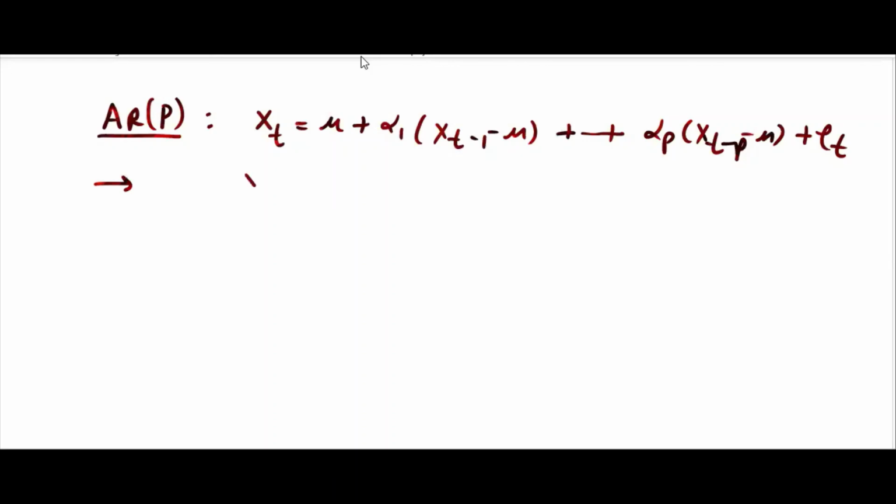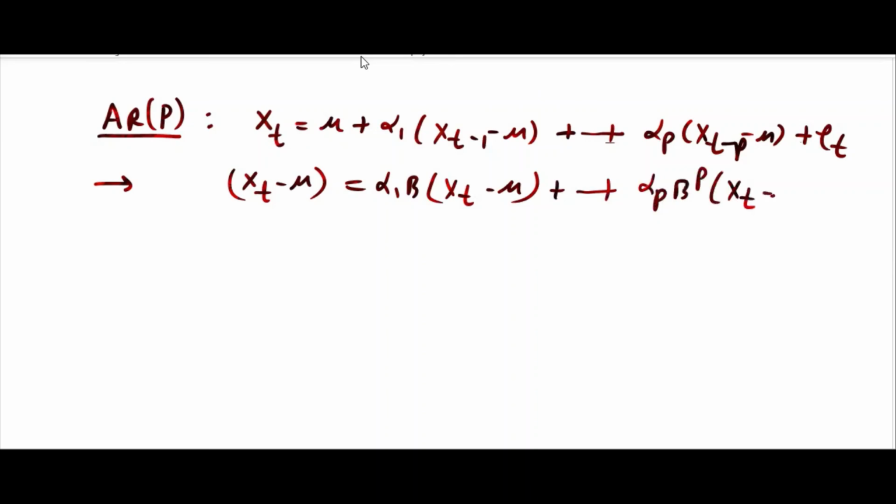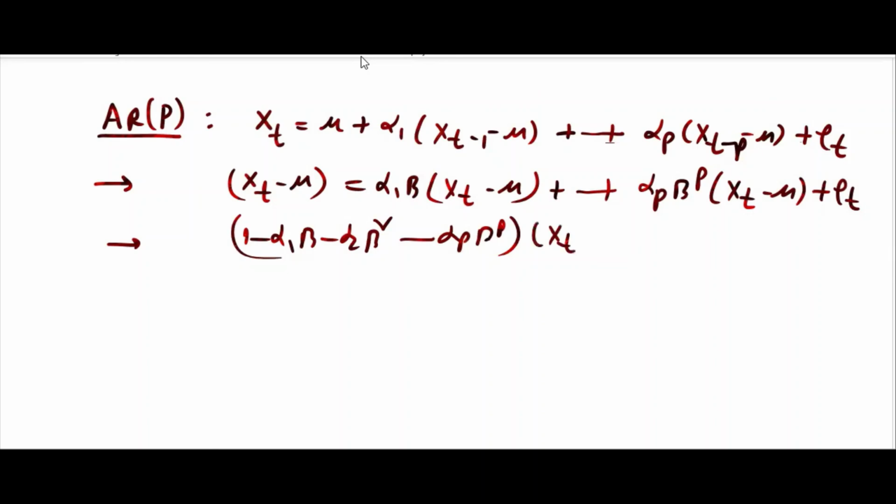And from this process, if you write alpha 1 B (xt minus mu), because B xt is xt minus 1, B mu is mu, similar to this, alpha p B^p (xt minus mu), plus et, and you take all to the left hand side, the polynomial you will get, that is et, okay.